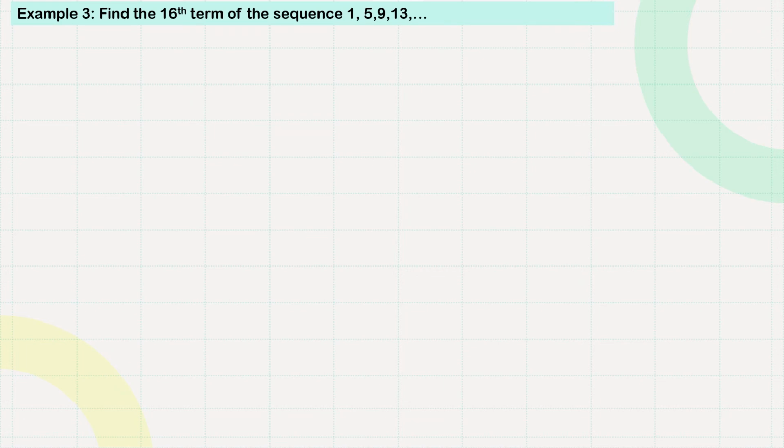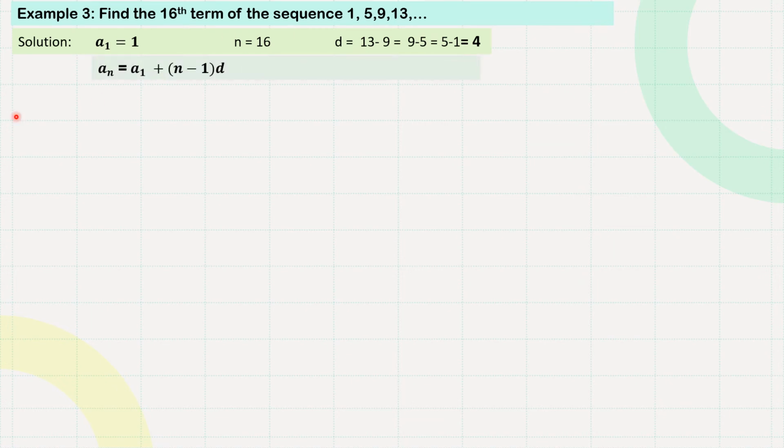Find the 16th term of the sequence 1, 5, 9, 13. Given ulit, ang 1 ay first term, common difference, 5 minus 1 lang, 5 minus 1 is 4. Next, ang n natin ay 16. Pinakita talaga paano makuha ang common difference. Formula ulit. Memorize na yung formula ha. A sub n equals a sub 1 plus the product of d and n minus 1.